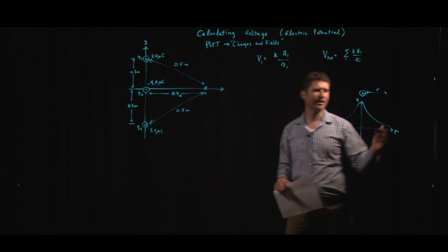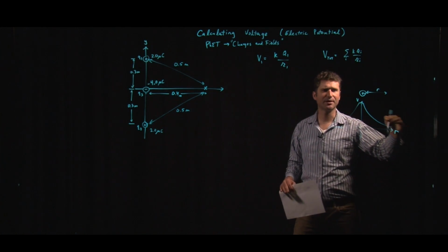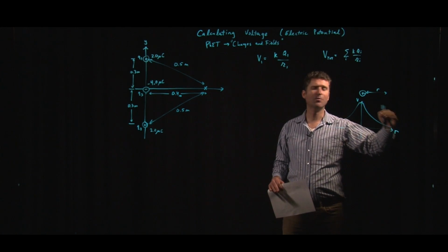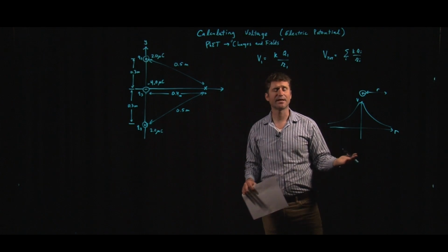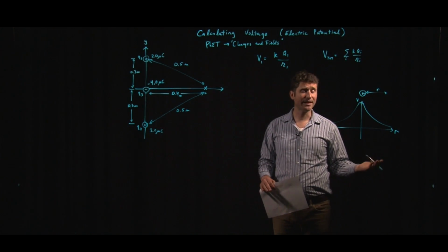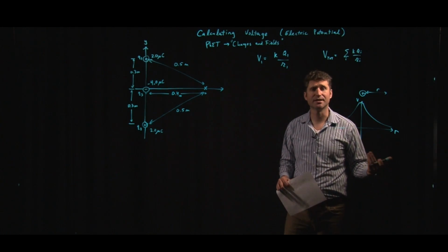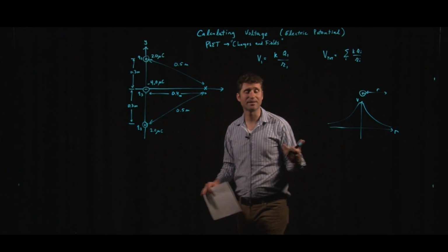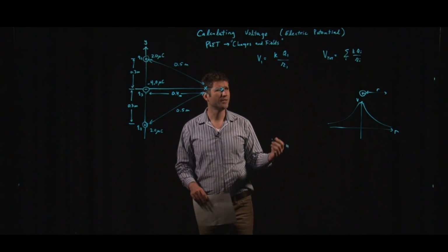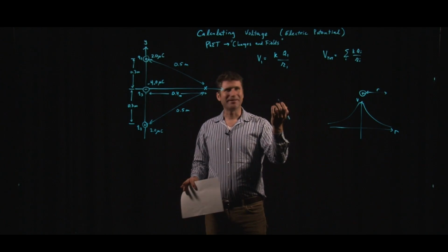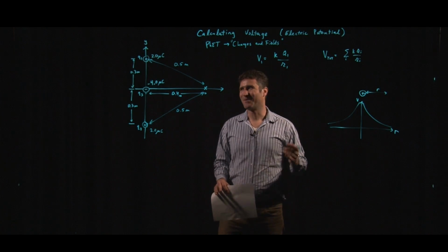In other words, if I were trying to bring a positive charge in closer, I would have to overcome more potential energy, just like in your mechanics course, where you saw that to climb a hill of height h you need to pay an energy mgh. So let's calculate, and then we'll talk about the result.